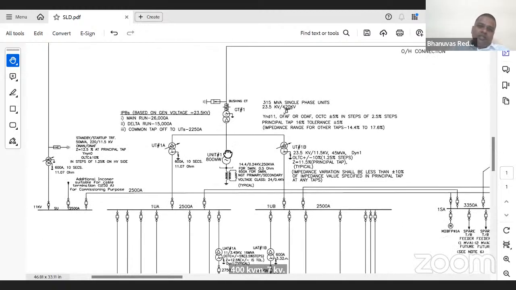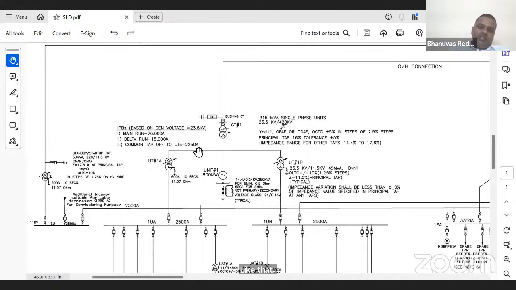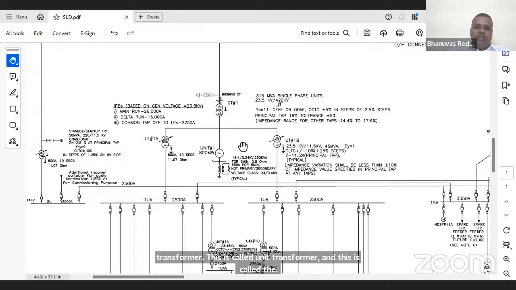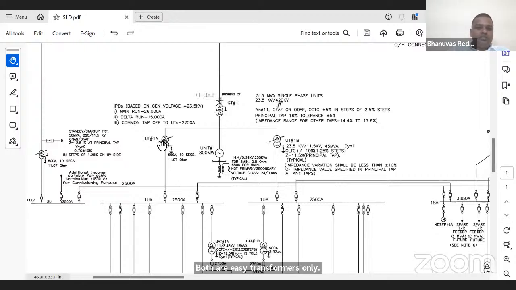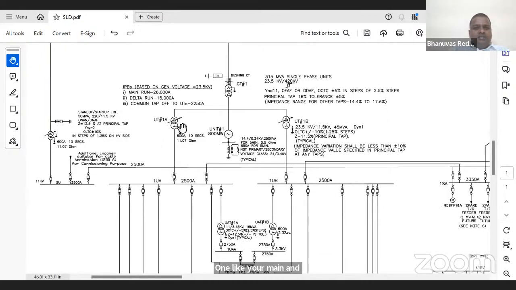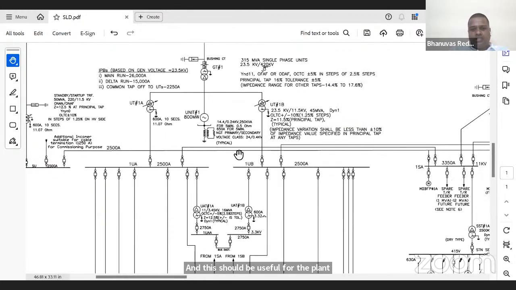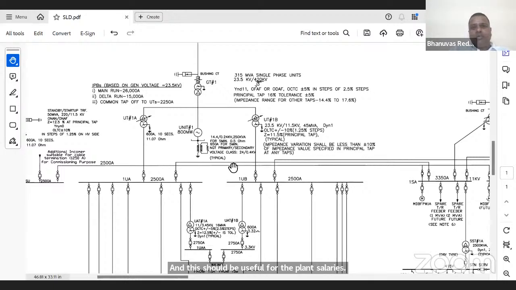And you can see these two tappings going to two different transformers. These are called unit transformers, both are unit transformers only, one main and one standby. This is unit transformer A and unit transformer B, and these will be used for the plant auxiliaries, whatever motors, pumps, lighting, whatever plant utilities are there for generating the power.